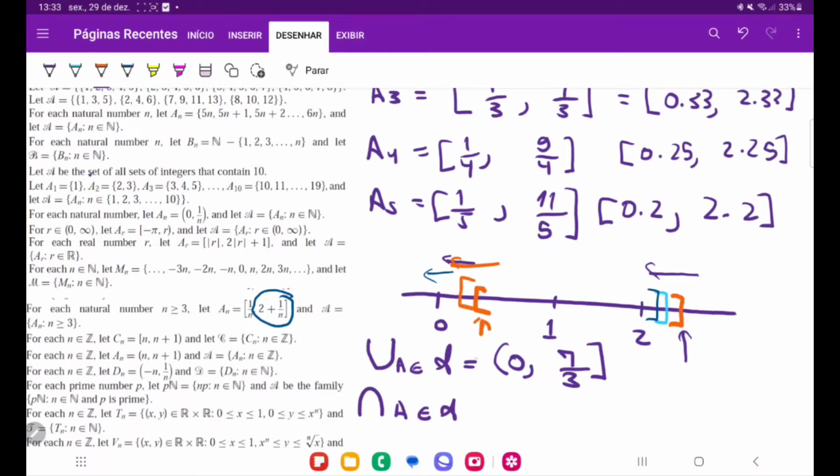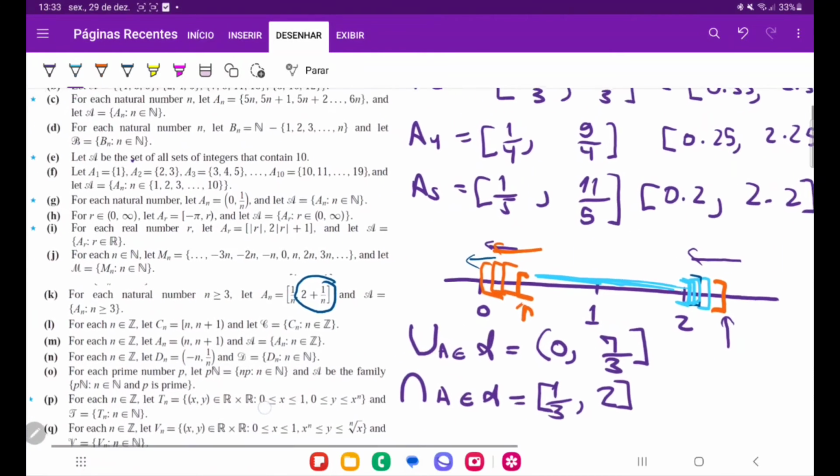So all the ones that go after it do have the value 1/3 included. It just moves closer and closer to 0. So it's going to begin at 1/3 included, and then it's going to end at 2 included, because on the right-hand boundary, these are going to get closer and closer to 2, but they're never going to actually hit 2. So all the sets are going to have this interval in common. And that is it for item K.